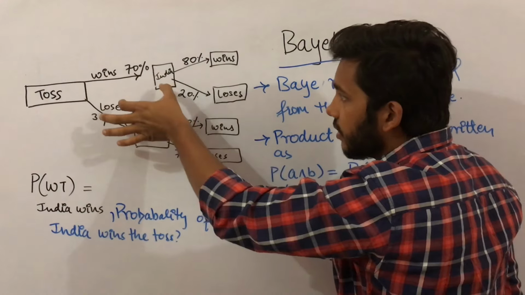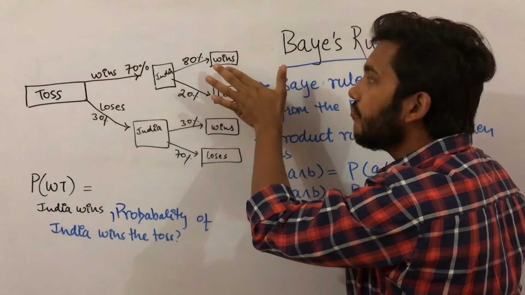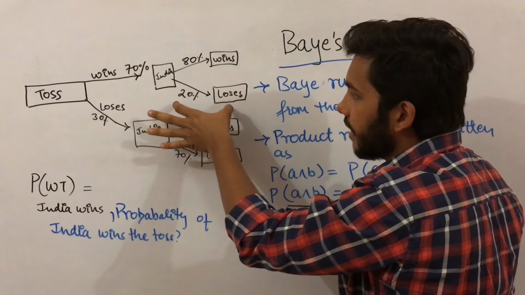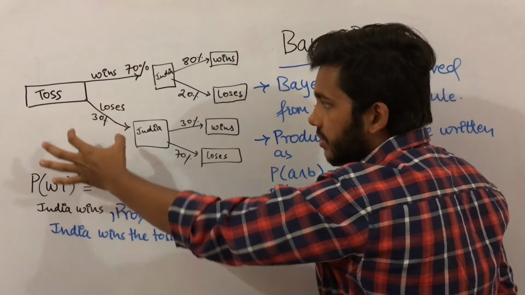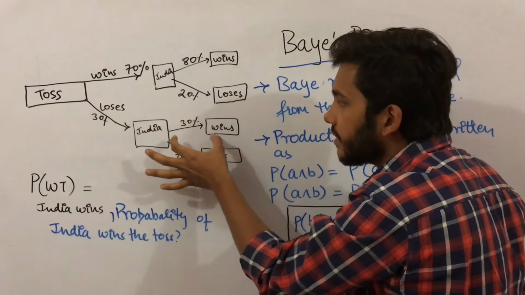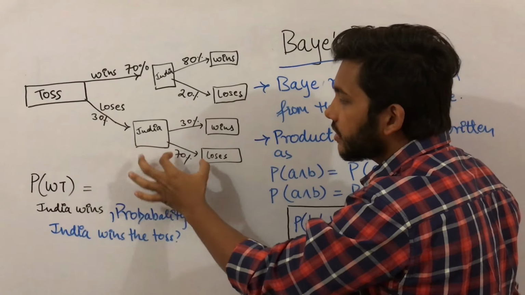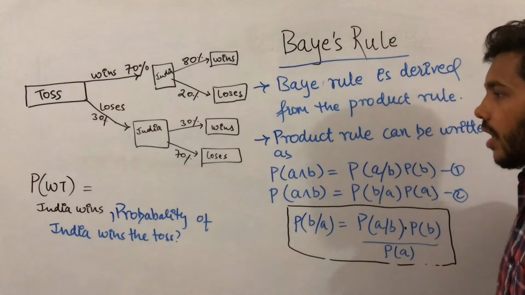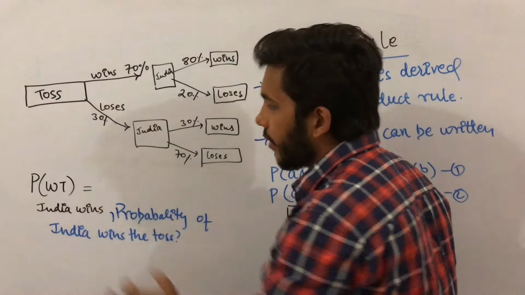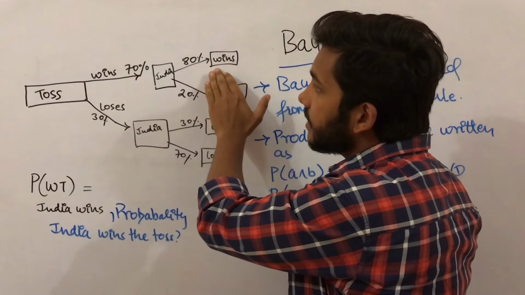If India wins the toss, then there is an 80% probability that India will win the match and 20% that India will lose. If India loses the toss, then there is a 30% probability that India will win and 70% that India will lose.